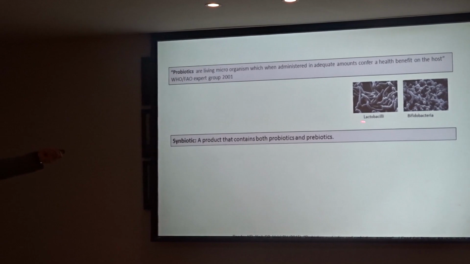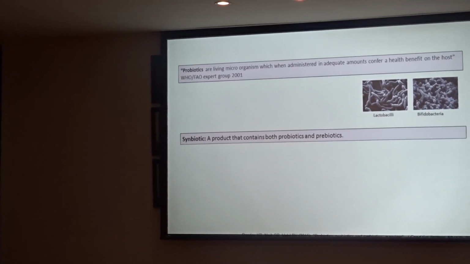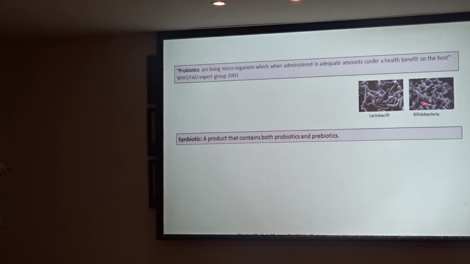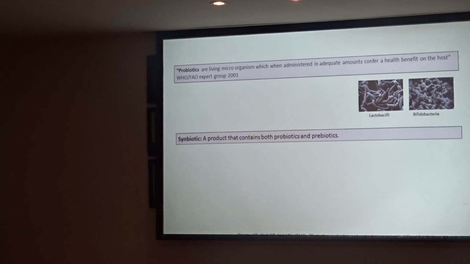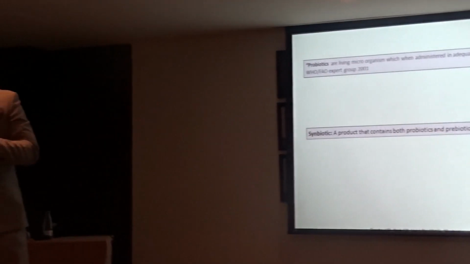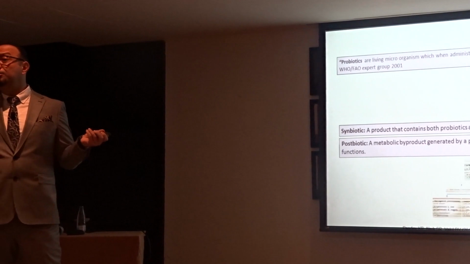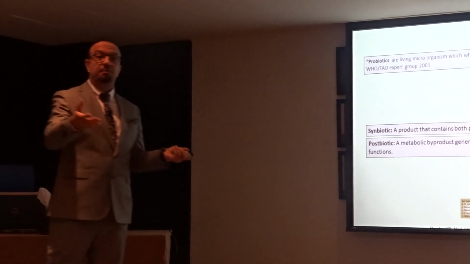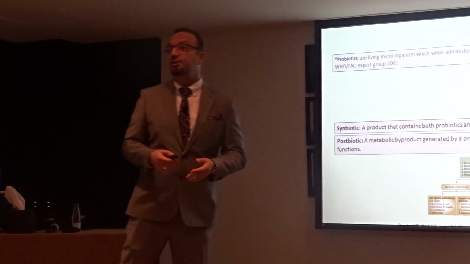Mainly it is in the form of lactobacillus, which is present abundantly in yogurt, and also bifidobacteria. Symbiotic means any product which contains both prebiotic and probiotic. And postbiotic is a metabolic byproduct produced by the probiotic that brings some metabolic changes or benefits to the host.